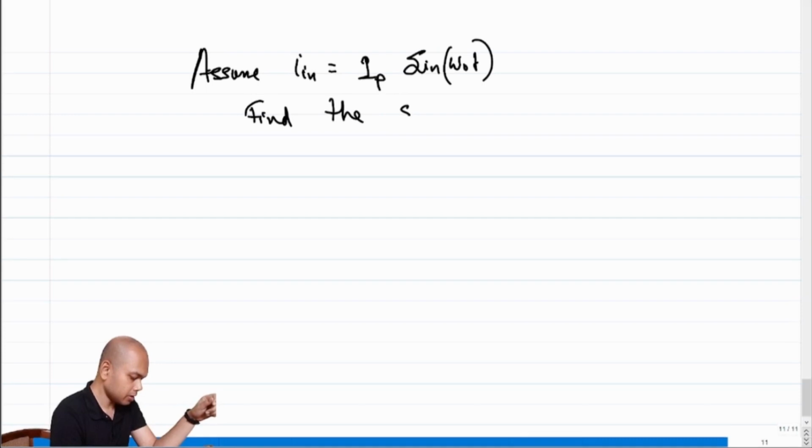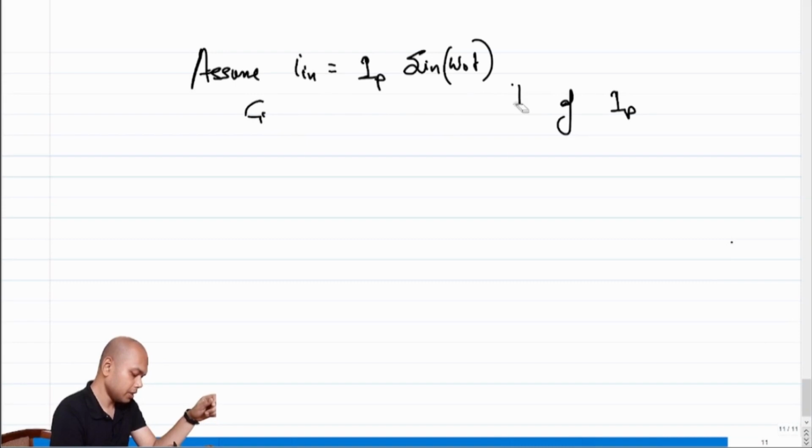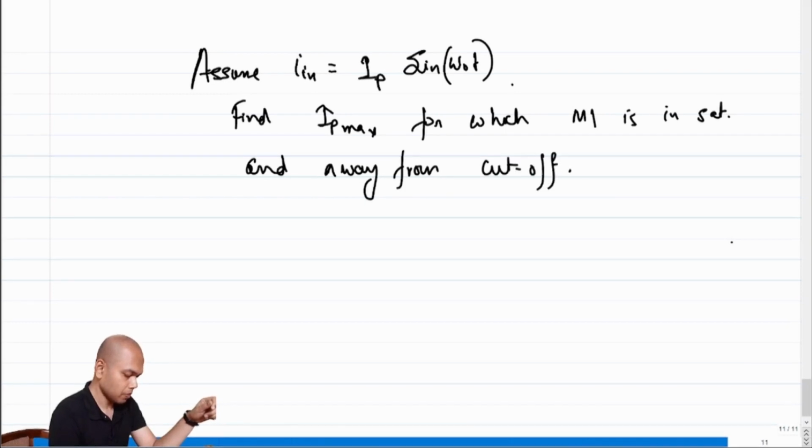Find the swing limits of IP, or let me say find IP max for which M1 is in saturation and away from cutoff, right?